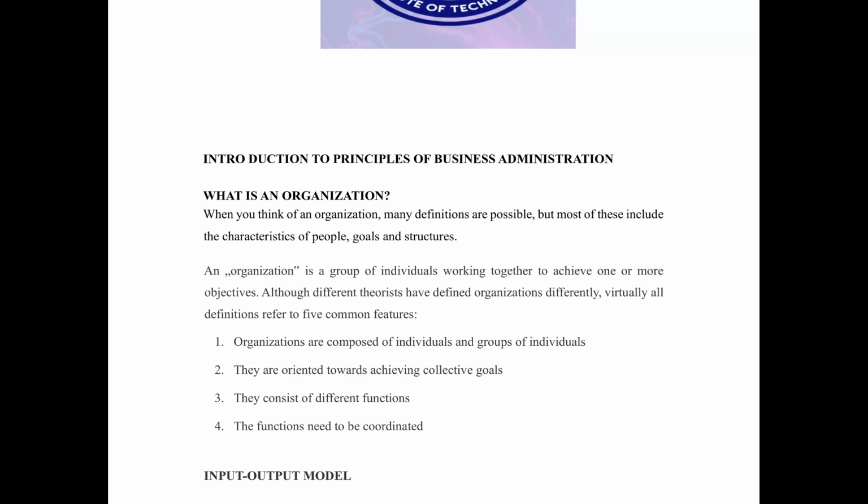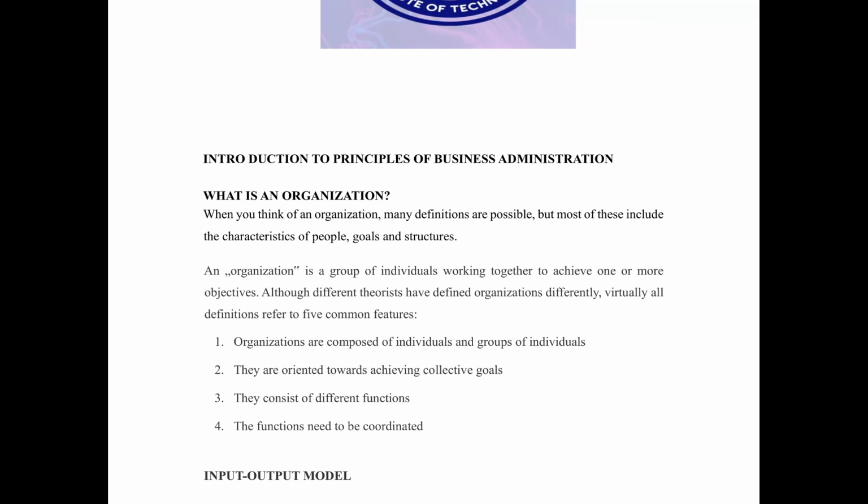The first one, number 1, is that organizations are composed of individuals or groups of individuals. Organizations are oriented towards achieving a collective goal.